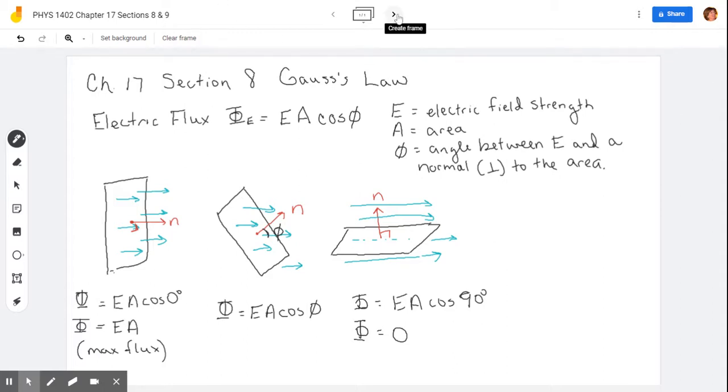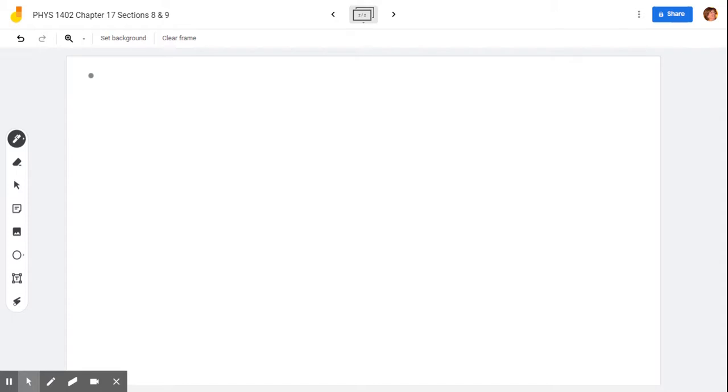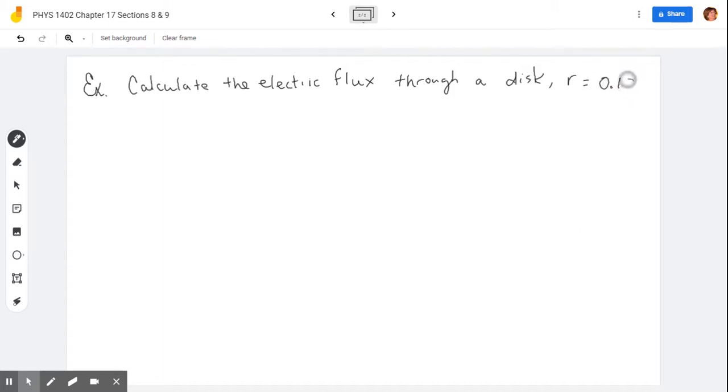Let's do an example. Calculate the electric flux through a disk that has a radius of 0.10 meters.